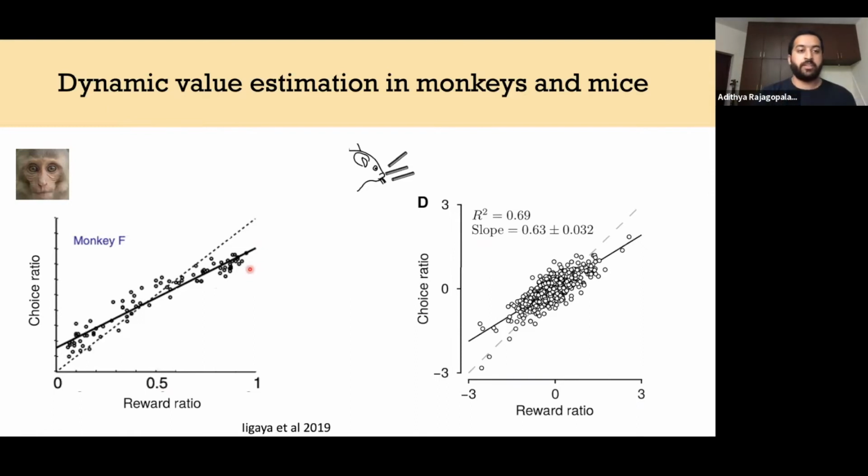So there's a little bit of additional exploration even when the animal receives a reward completely from one option. And this is thought to indicate the animal's willingness to explore and see if the environment changes over time.